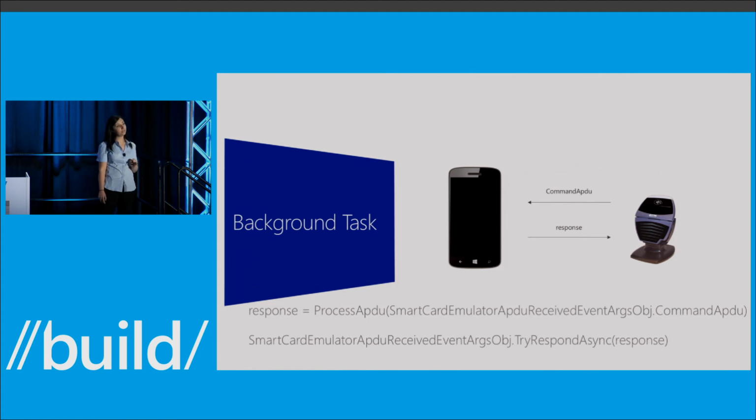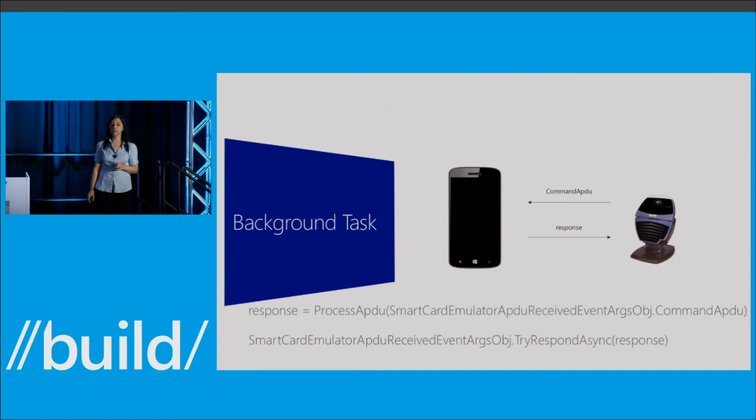So it's recommended that your background task is fast and doing very lightweight operations. Think of a tap as, the users won't be holding their phones on the reader forever. So during the tap, this instantaneous event, there will be multiple command response pairs going back and forth.